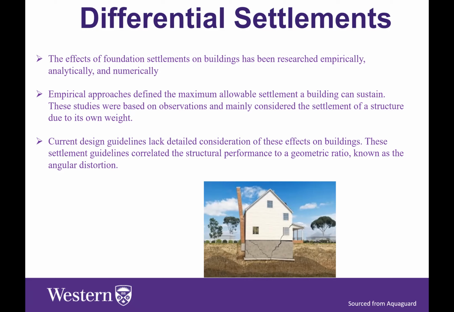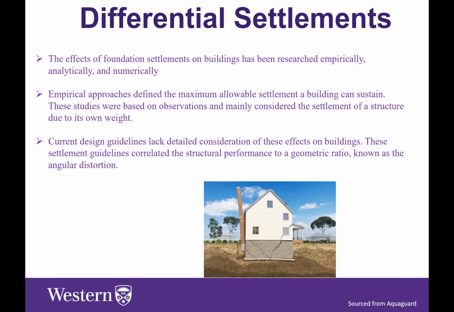This was based on an analytical study of 58 buildings that experienced differential settlement but did not experience any damage, and over 40 buildings that suffered various degrees of damage. They proposed a limit that has been validated ever since.